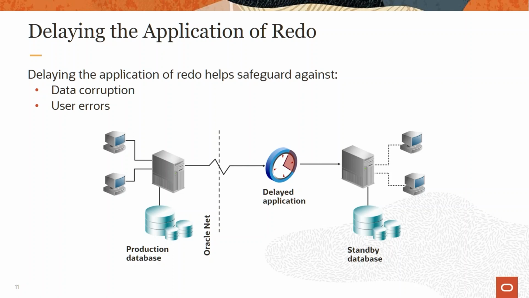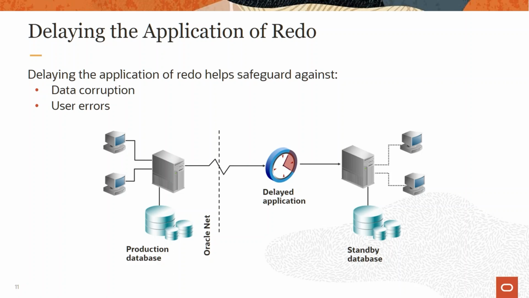Wait a minute, why do you want to delay the application of redo? If you have multiple standby databases in the Data Guard environment, you can set up a redo application delay of 2 minutes in the first standby database, 5 minutes in the second, 10 minutes in the third, and so on. So if you make any logical error in the primary database, we can search for a standby database that doesn't include this logical error, and then we can do a failover operation or a switchover operation.